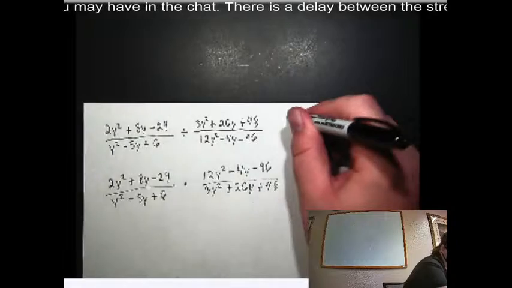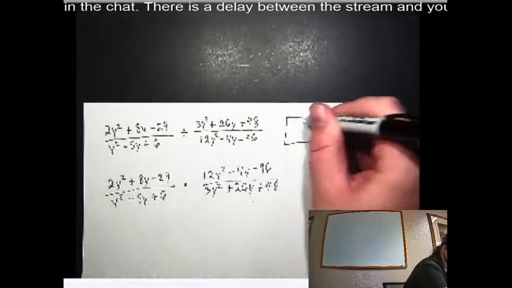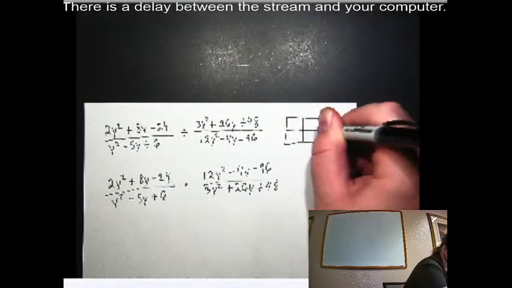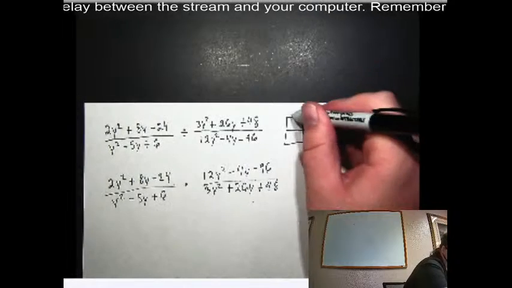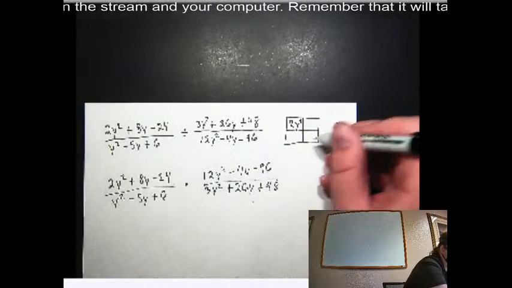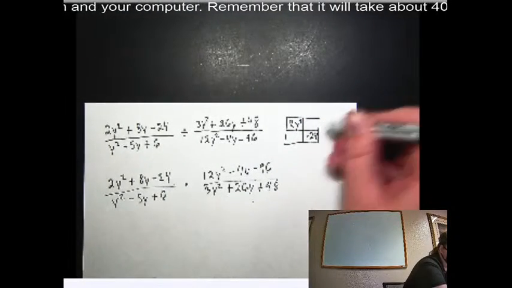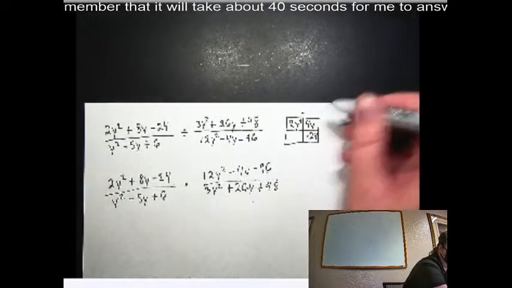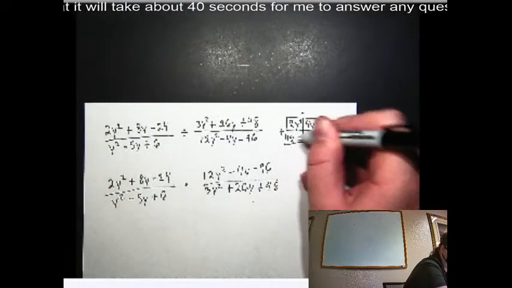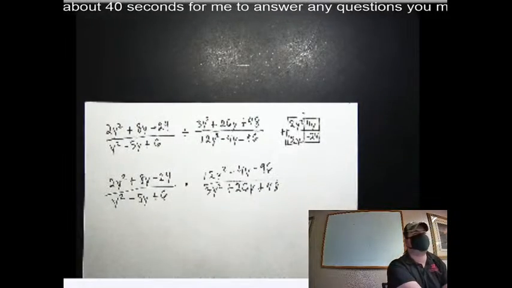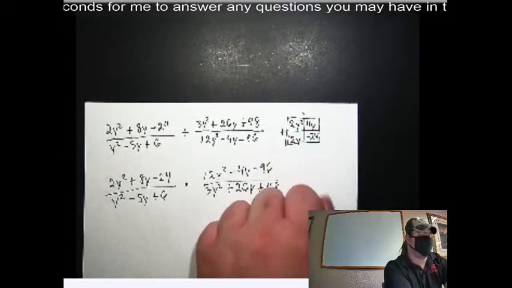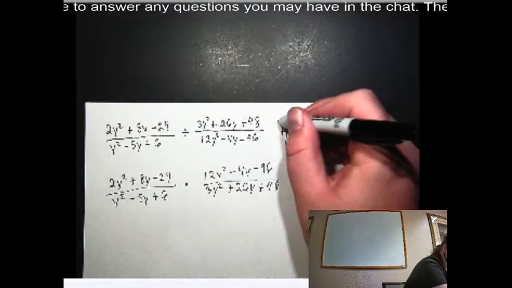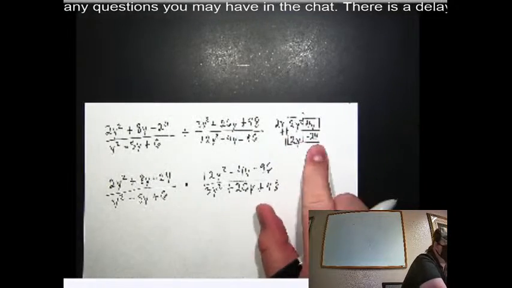So real quick, we will just do our box method. Okay, 2y squared, negative 24, then let's put negative 4y here and positive 12y there. Okay, first row, what can come out? 2y. Second row.